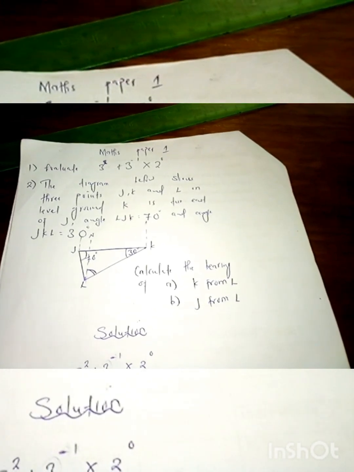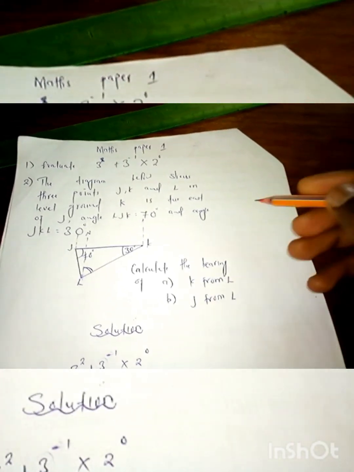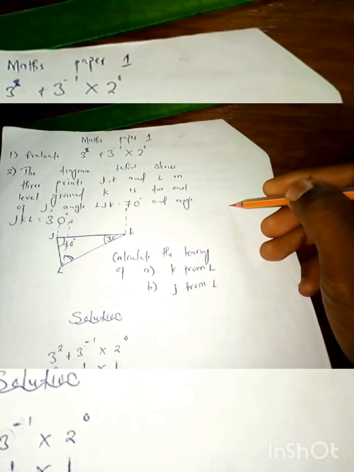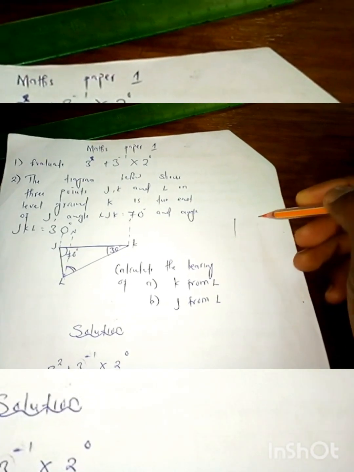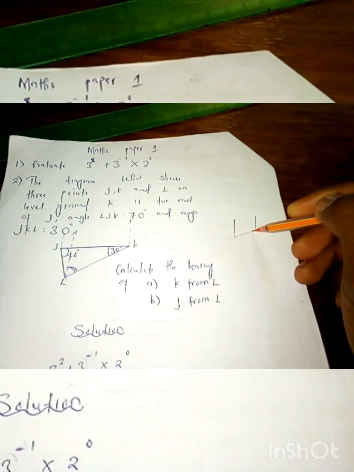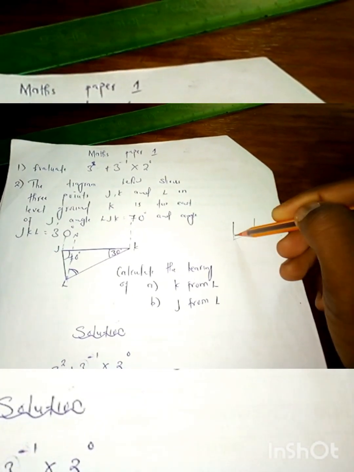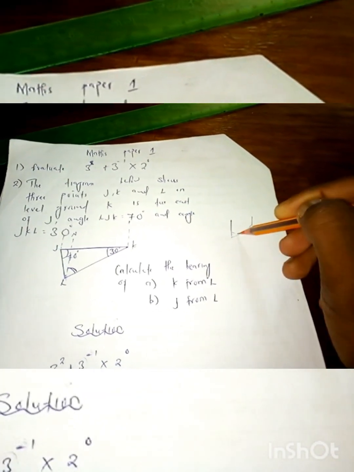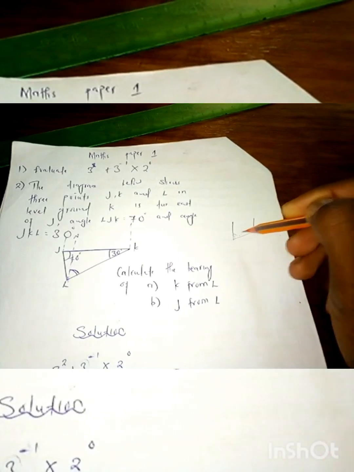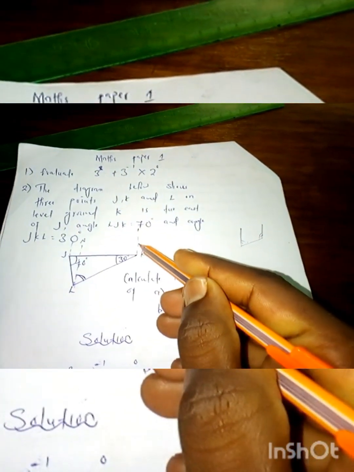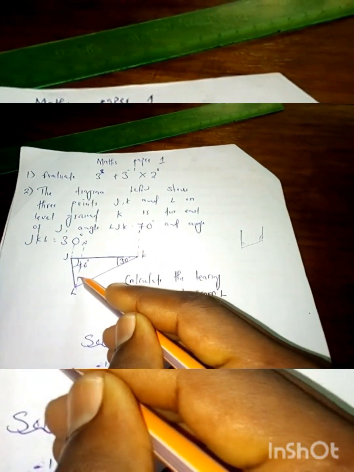So from here, what we know is when we have two lines like this, and this angle and this angle, these two angles add up to 180. That's what is known about angles. So we have this angle here and this angle here.